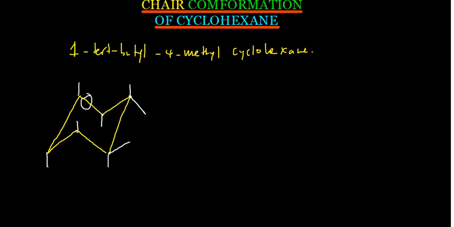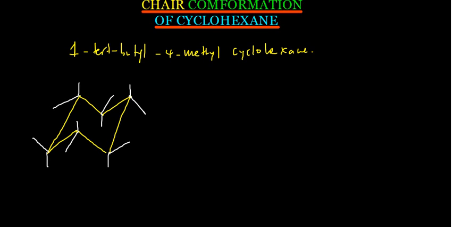Parallel to this one, like that. Then parallel to this one, supposed to come out like that. And also parallel to this one, like that. And then parallel to this one, like that. Okay, so these are the bonds that we are going to have.